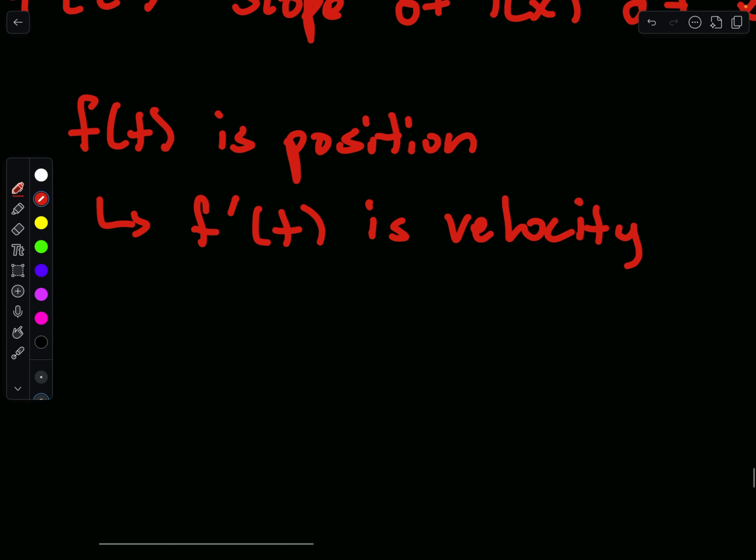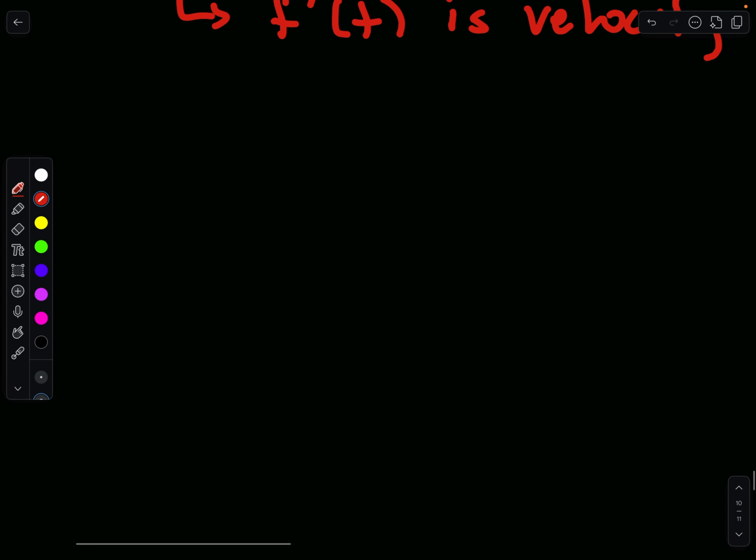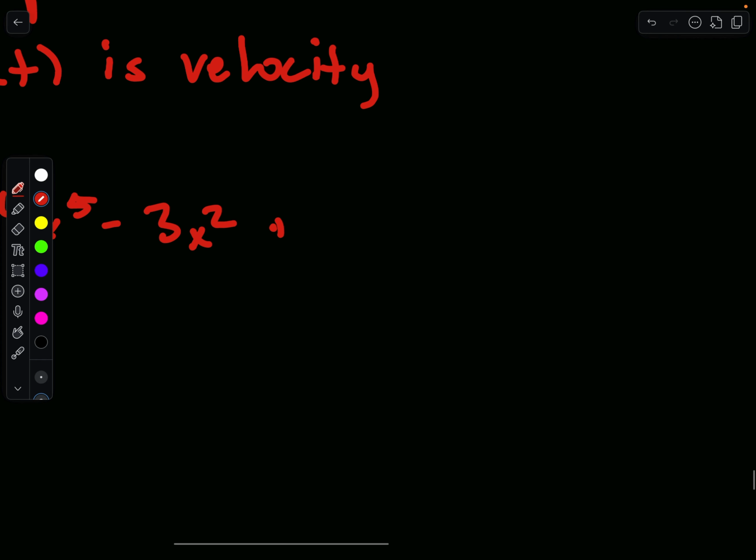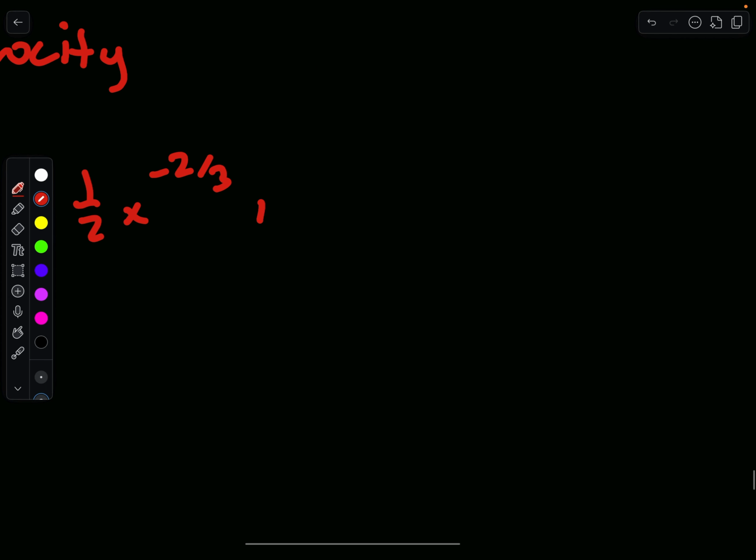So now let's look at some practice problems. We'll say f of x equals 4x to the 5th minus 3x squared plus 1/2 x to the negative 2/3 plus x plus 9.